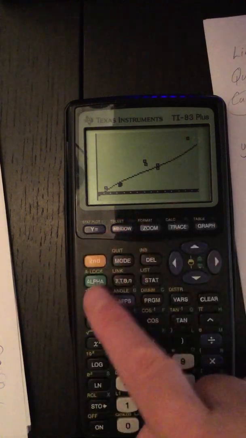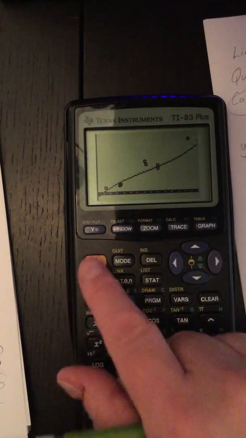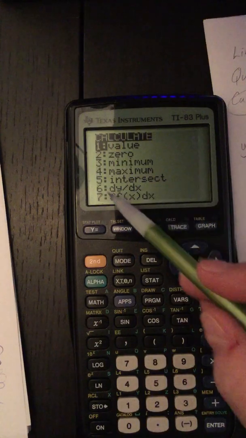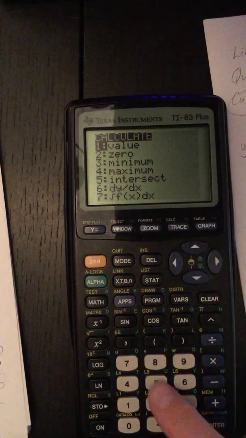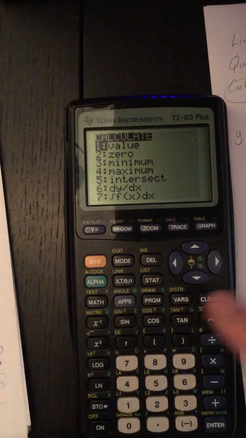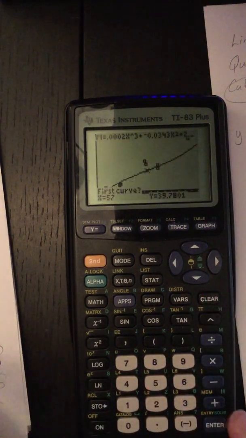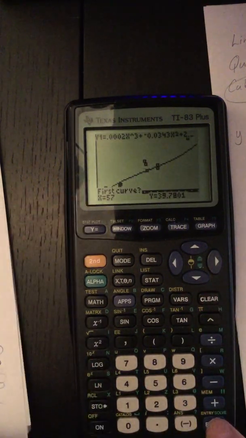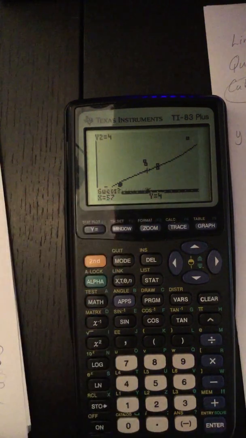So we've got 2 lines there, and we're going to go second function trace, and then we're going to choose intersect, because we want to find the intersection point between the curved line and the straight line. So 5, and all we have to do, it says first curve, yes. Second curve, yes, I'm on the second curve. Guess, you betcha.